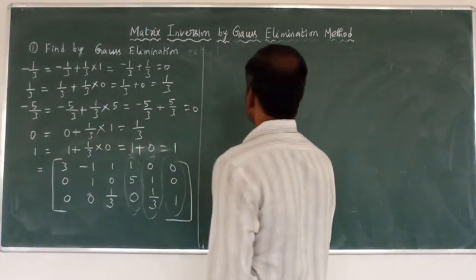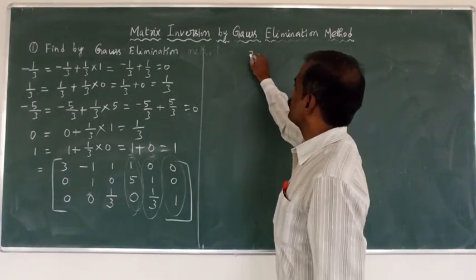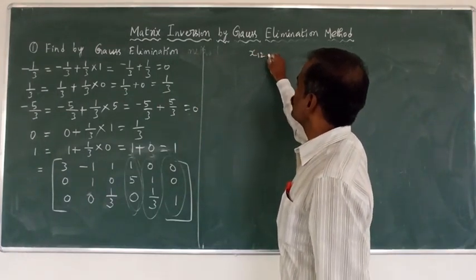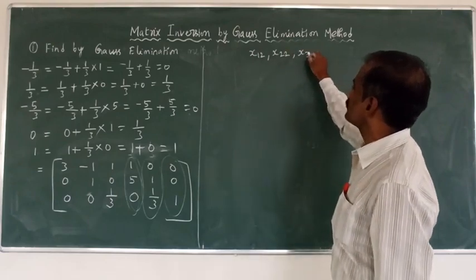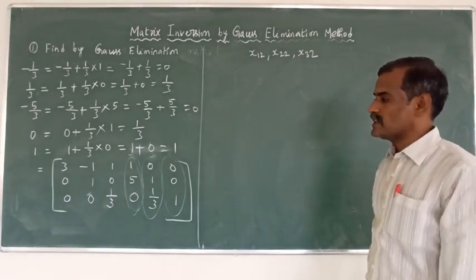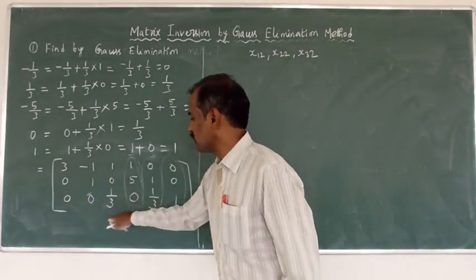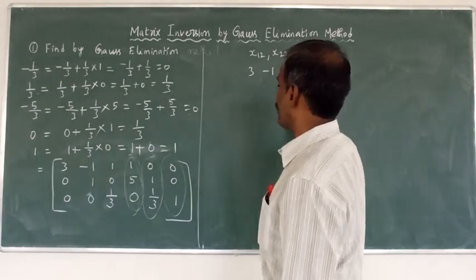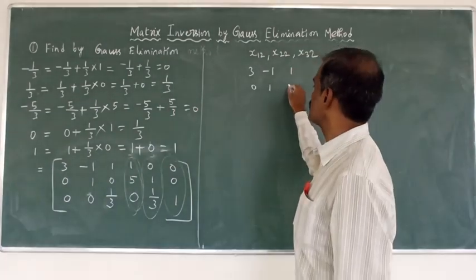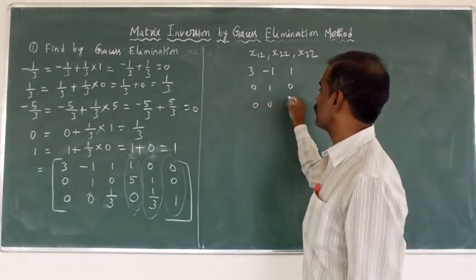Next, to find out the value of x12, x22, x32, for that we can take A as 3, minus 1, 1; 0, 1, 0; 0, 0, 1 by 3.